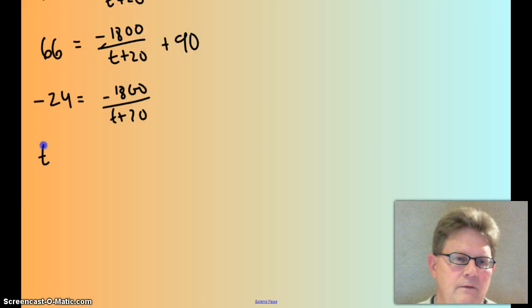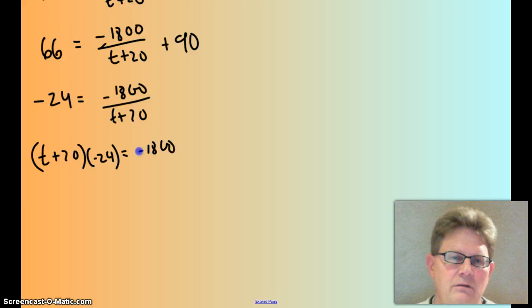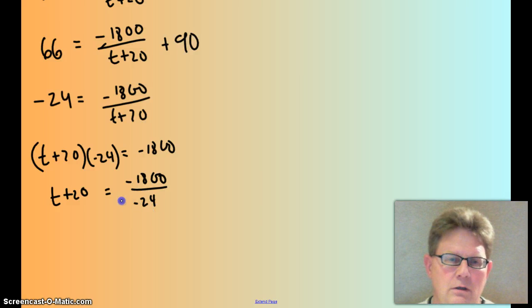Okay, t plus 20 times negative 24 equals negative 1800. I don't feel like distributing that out because we can just divide both sides by negative 24. Negative 1800 over negative 24.